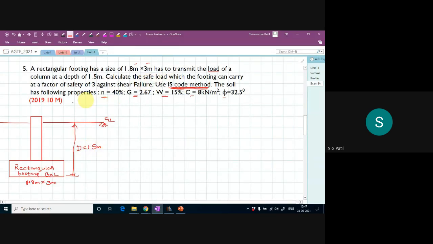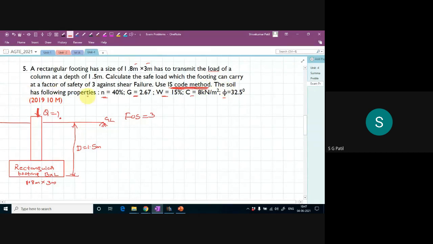Calculate the safe load. They are asking you what is the Q. Q is safe, Q is the question mark. Calculate the safe load which the footing can carry at a factor of safety 3 against shear failure. Use the IS code method.